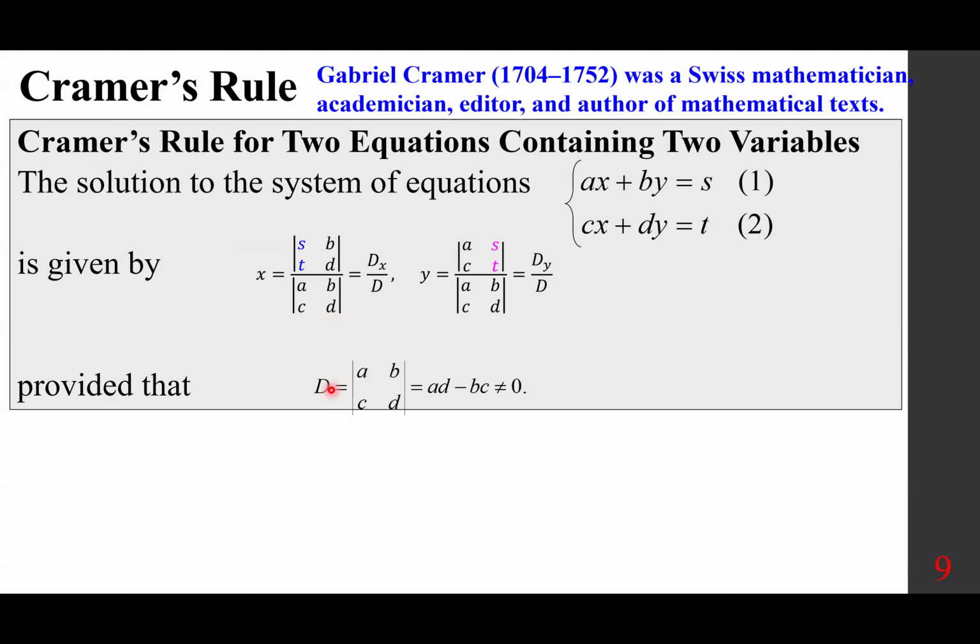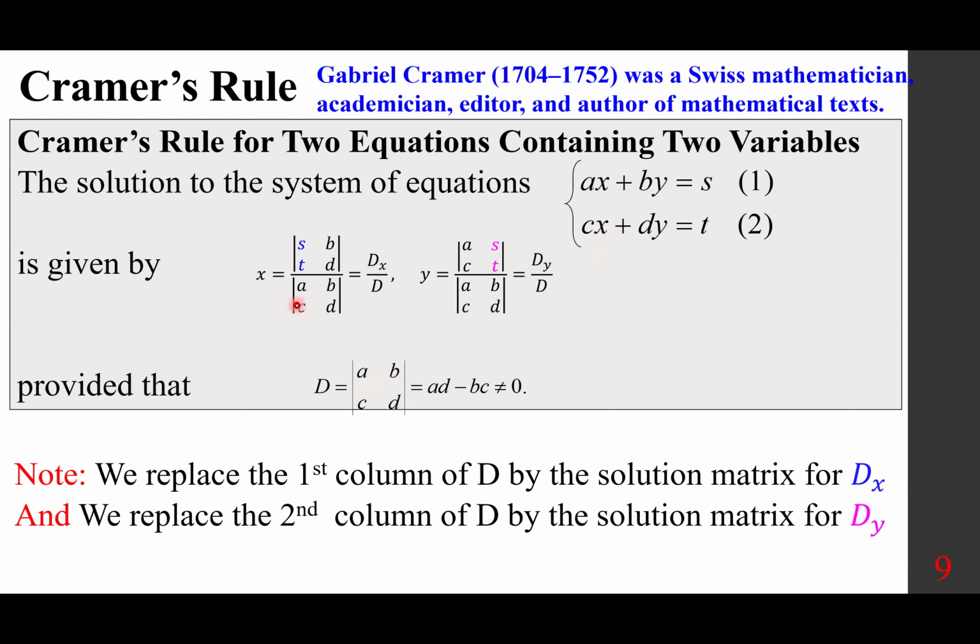What we have here is the D matrix, and it uses the coefficient matrix and finds its determinant. We call it D. So [a, b; c, d], which is ad minus bc. So now note what we do here. We replace the first column of D by the solution matrix, s and t, to get D sub x, and we put it in the numerator.